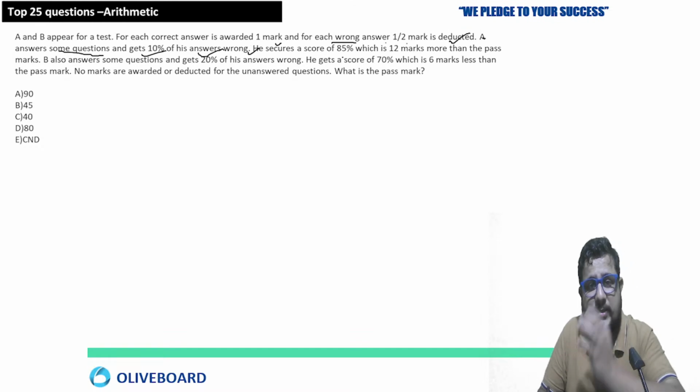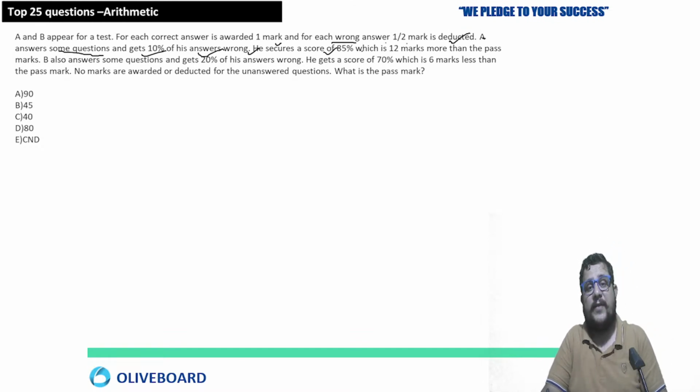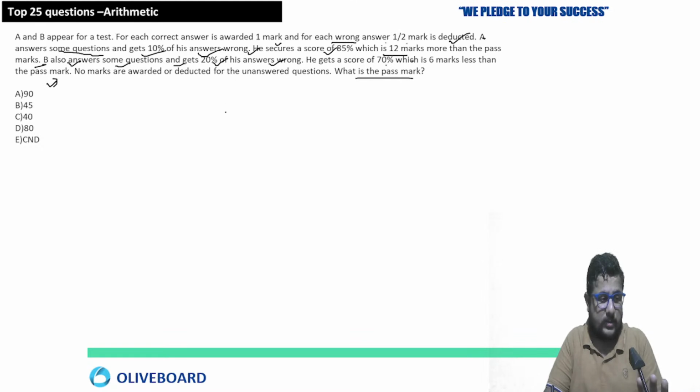He secures a score of 85%, which is 12 marks more than the passing marks. B also answered some questions and gets 20% of his answers wrong. He gets a score of 70%, which is 6 marks less than the passing marks. No marks are awarded or deducted for unanswered questions. What is the passing marks?